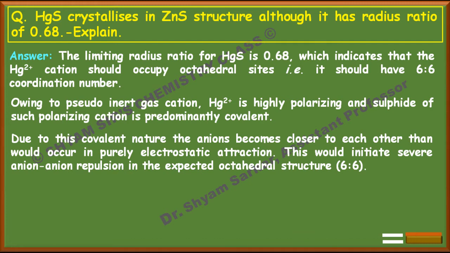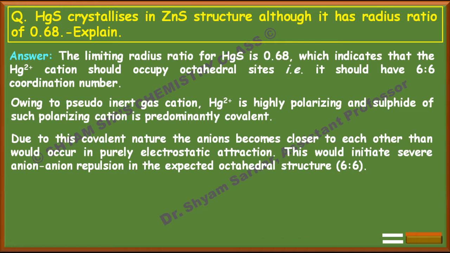So it is becoming closer, which is not expected in the case of ionic compounds where purely electrostatic attraction exists. So this would initiate severe anion-anion repulsion in the expected octahedral structure. If it forms an octahedral structure, that means if it goes for NaCl like structure with 6:6 coordination, there will be a lot of anion-anion repulsion.